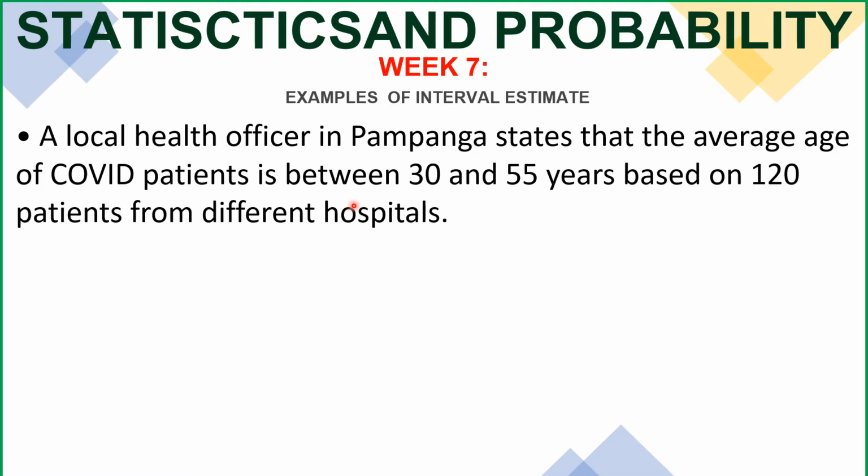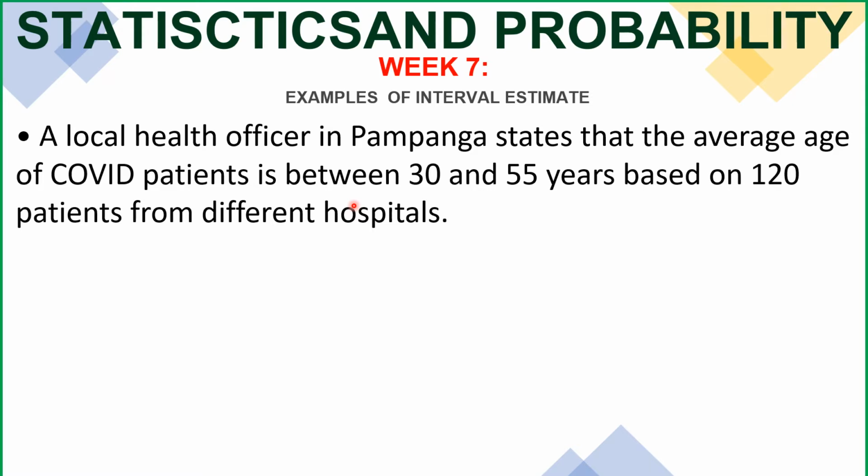More or less, yung 120 patients sa iba't ibang hospital na yon is nasa range na 30 to 55. So, pwede ba siyang bumaba sa 30? May mga patients ba na pwedeng mas mababa sa 30? Yes. May mas mataas sa 55 years old? Yes.